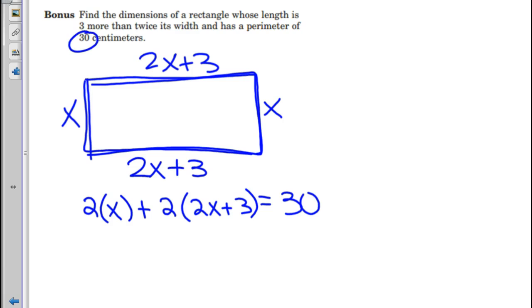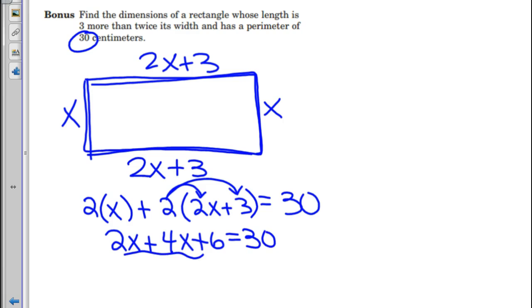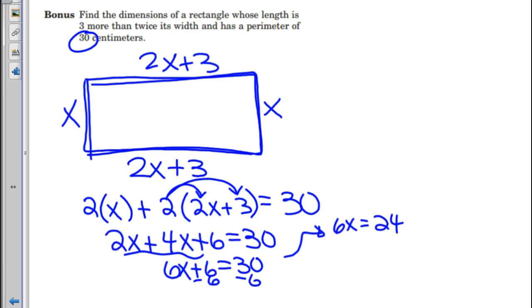The perimeter is 30 centimeters. All right, so I have 2x plus, remember distributive property, jump that guy through, 4x plus 6 equals 30. Combine like terms over here, so 6x plus 6 equals 30. Subtract 6 from both sides, so 6x equals 24, or x is 4.